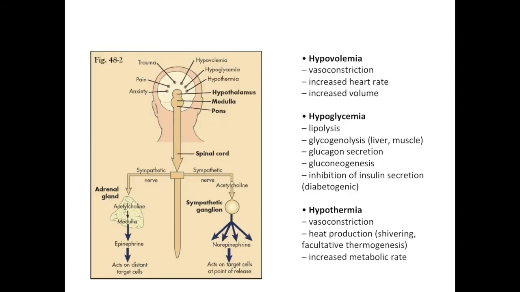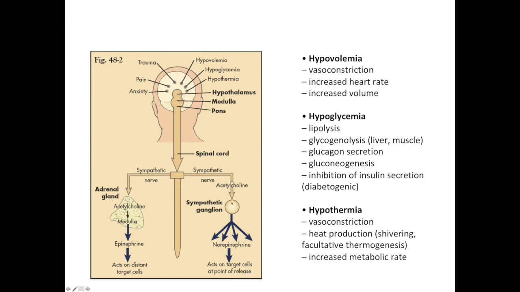So stress causes the release of the catecholamines from the adrenal gland. These can be hypovolemia, hypoglycemia, or hypothermia. But trauma, anxiety, and pain also stimulate the release. And you can think of the two different catecholamines in two different ways.